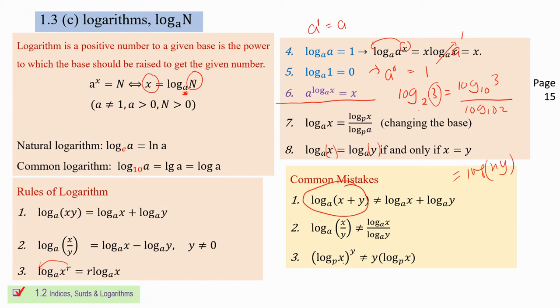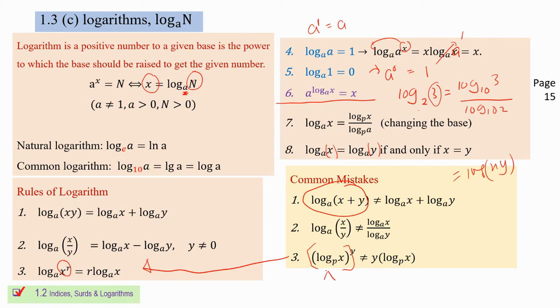And then the last one is that sometimes you mistakenly think the number 3 is similar to the number 3 over here. If you look at it clearly, the power of r in these rules of logarithm applies to my x. And this power of y applies to the whole logarithm.